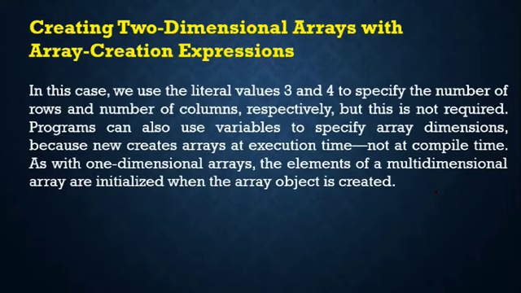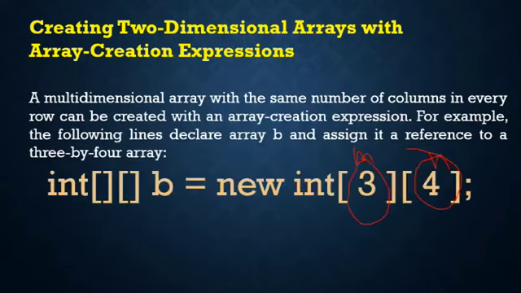As with one-dimensional arrays, the elements of a multidimensional array are initialized when the array object is created. Here we specified the figures 3 and 4, but you can also use variables, meaning the user inputs the size of your array.